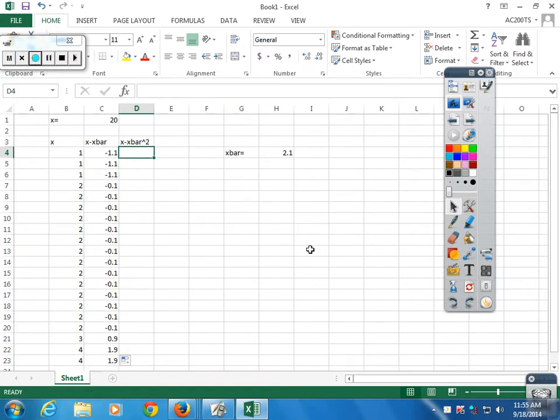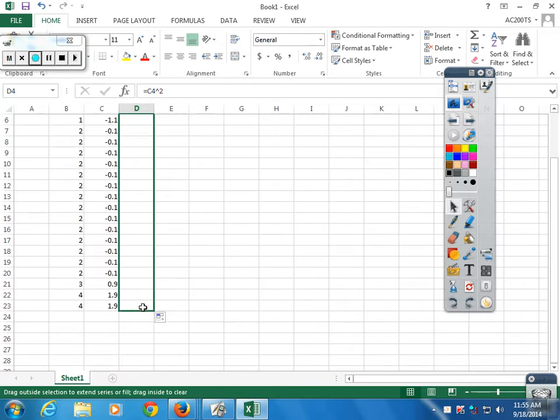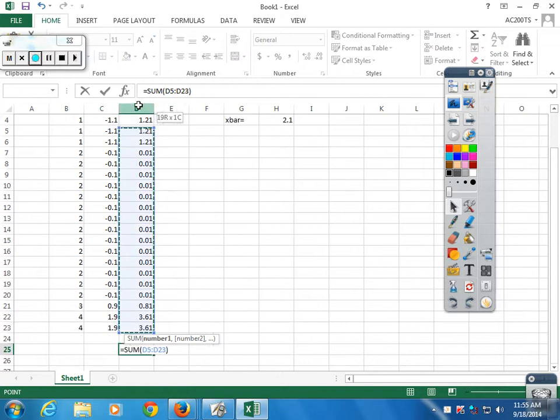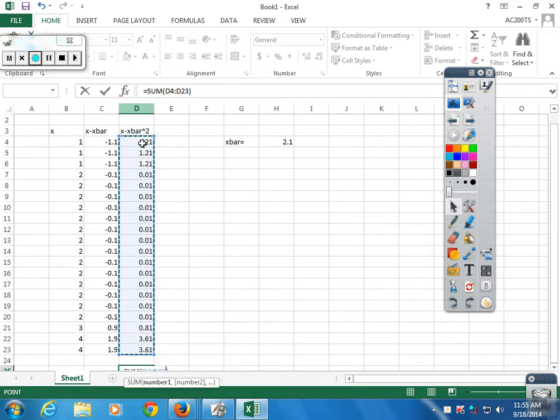And what are you going to do with those numbers? Squared. And what do you do with that? Add them up. And that's your numerator.